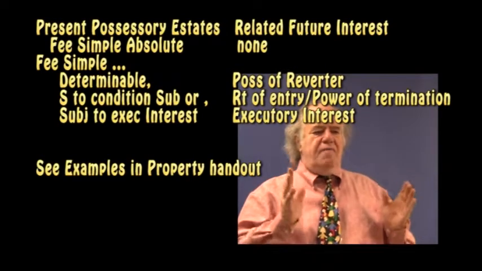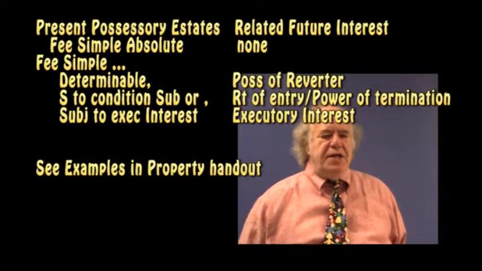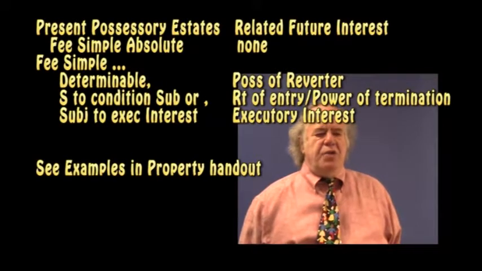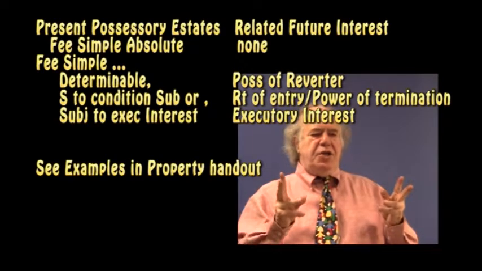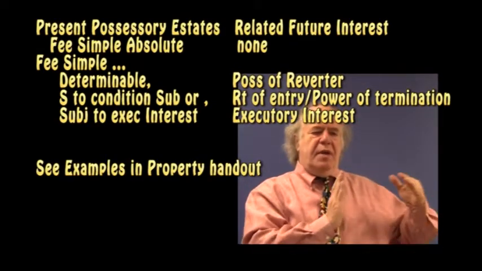This is a matter of memorization of what term to use in what context. A fee simple is made determinable by use of language of time, of duration, to A and his heirs so long as. Let me back up a step.